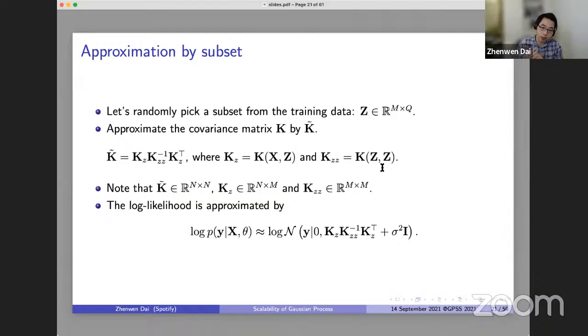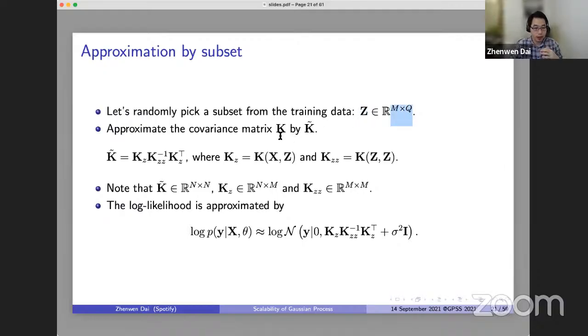The way the approximation works is that we first randomly pick a subset of the training set, and stack those data points together, denoted as Z. We are picking m of them from the data set with n data points, and we know the input dimensionality is Q. So we stack the subsampled m data points, which results in Z with shape m by Q.